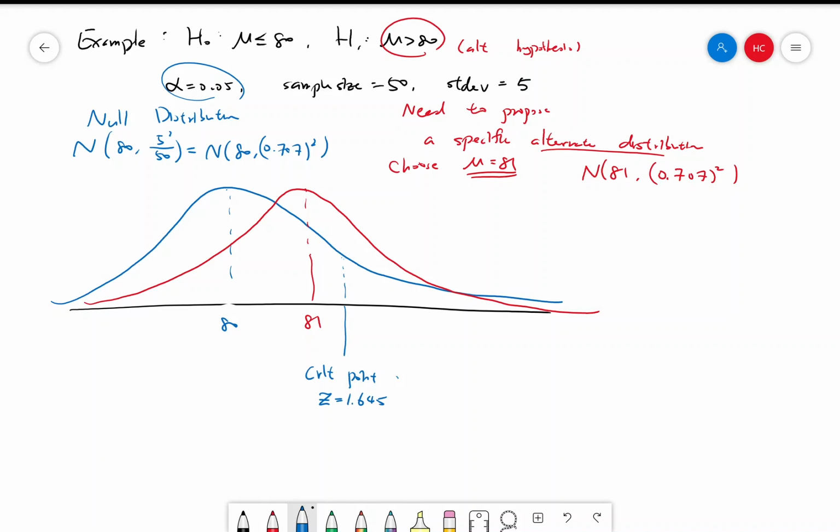That leaves you 0.05 at the tail, which means the critical point has value 80 plus 0.707 times 1.645, which is 81.16. Okay, so that's the critical point. So the rejection region is everything to the right of the critical point.